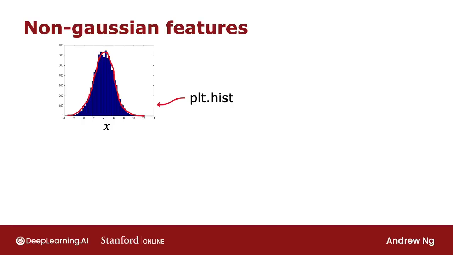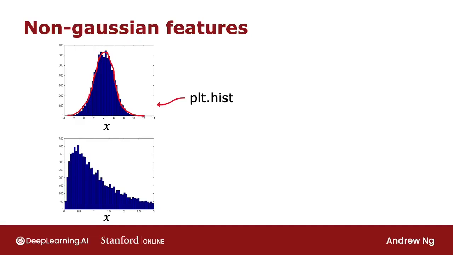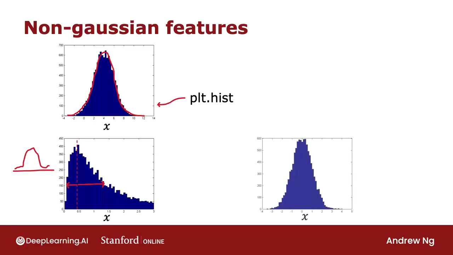But quite often, when you plot a histogram of your features, you may find that a feature has a distribution like this. This does not at all look like that symmetric bell-shaped curve. When that is the case, I would consider if you can take this feature X and transform it in order to make it more Gaussian. For example, maybe if you were to compute the log of X and plot a histogram of log of X, it'll look like this, and this looks much more Gaussian.